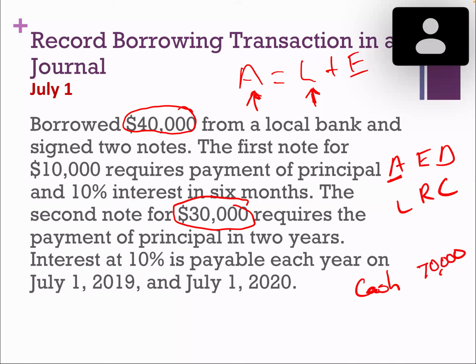And then because it's a liability, to get a liability to go up, you credit that account, right? So you could either just put liability or, right here, it's saying it's a note. So note payable. Means we owe that money to the bank and it's $70,000. All right, so debit cash, credit note payable. There's your journal entry for borrowing money from a bank.